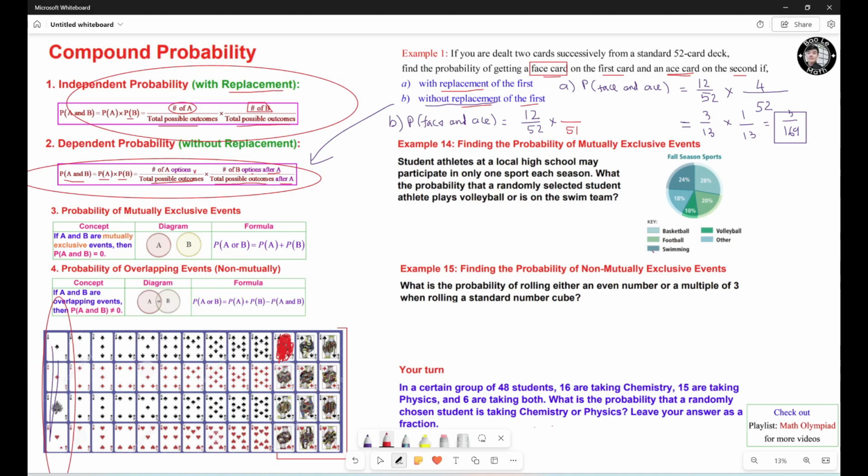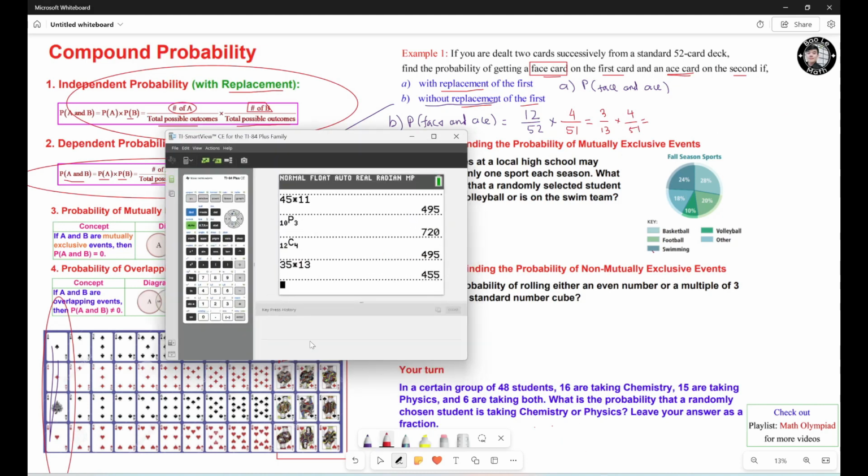Now I have 4 ace cards, so it should be 4. Now I need to simplify. It should be 3 over 13 times 4 over 51.